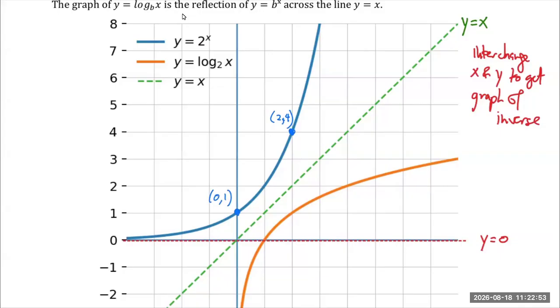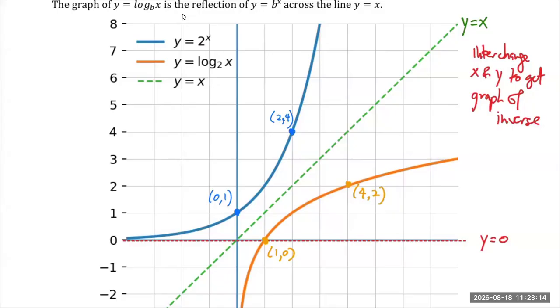If you took (0, 1) and you interchange the 0 and the 1, you would get (1, 0). So that point moves to (1, 0). If you took this point (2, 4) and you interchange the x and y coordinate, that would give you (4, 2). So that would give us this point right here.